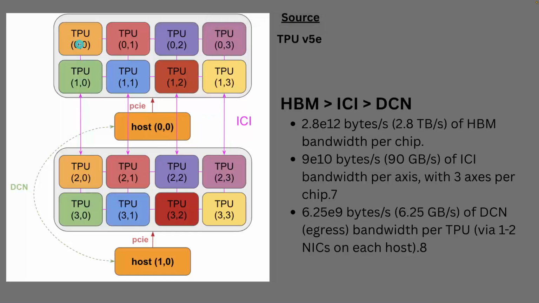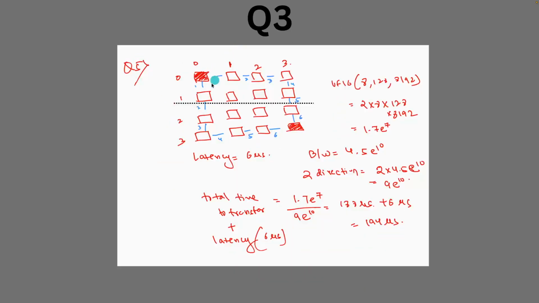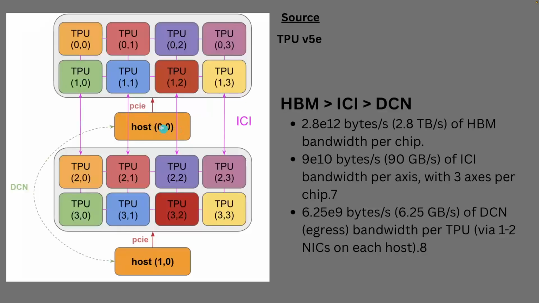You can see here we have compute units, and in TPU v5e you have one chip, and one chip has one tensor core. I drew a minimal version of that setup, and this line represents the host. You can see two sets here, 2x4 and 2x4, and they are joined by the host.